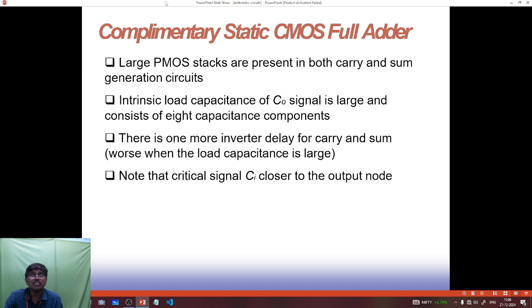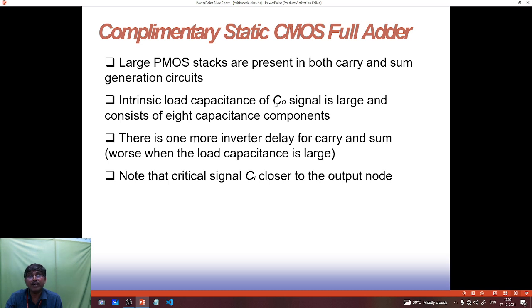Next, large PMOS stacks are present in both the carry and sum generation circuits. When large PMOS stacks are connected in the circuit, the speed will be reduced and the delay will be increased. That is the main concept.